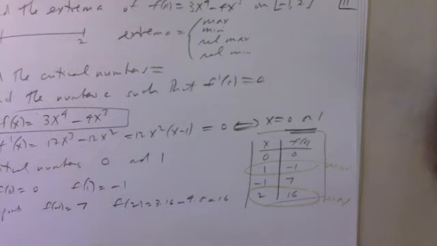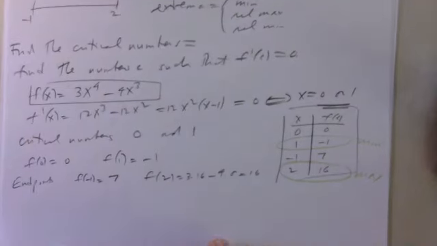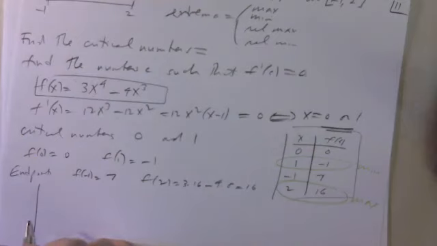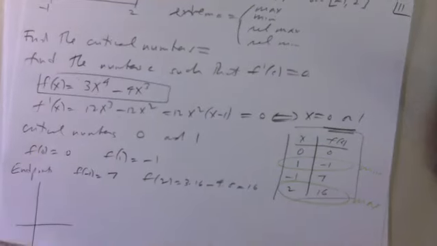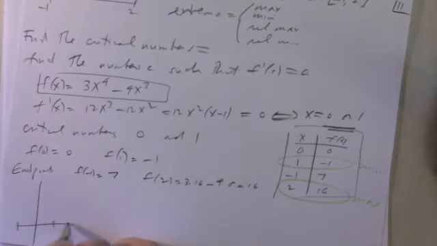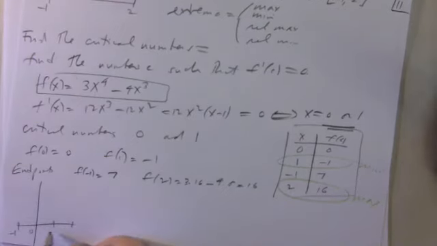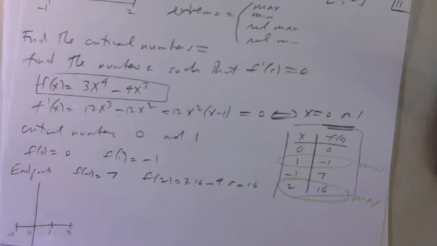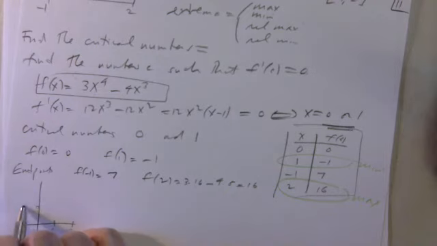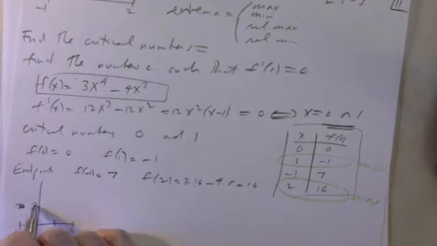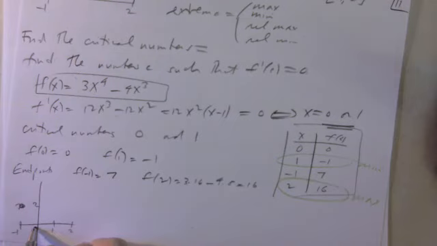Now, if you look in the book or use Maple, because it's hard to do this quickly by hand, if you actually graph this function from -1 to 2, it looks like this. At -1, it has the value 7. At 0, it's 0. At 1, it's -1.